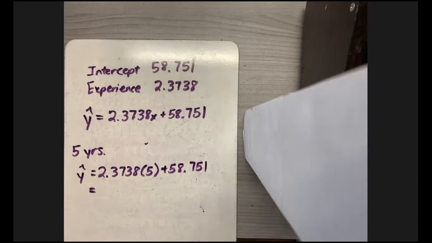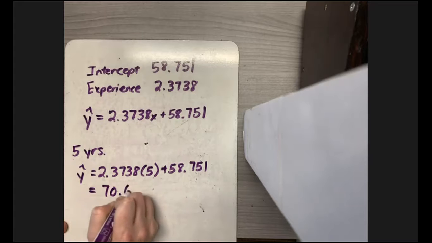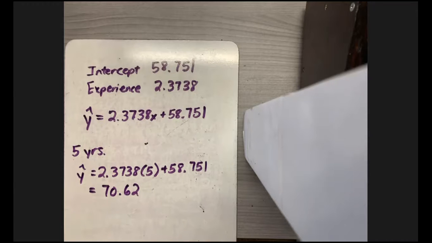So 2.3738 times 5 plus our 58.571. We get 70.62. And so this would be the idea of kind of where their salary would be in thousands. So they would be making 70,000 and some change when that was done.